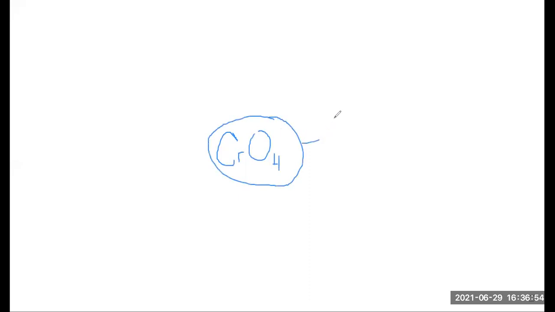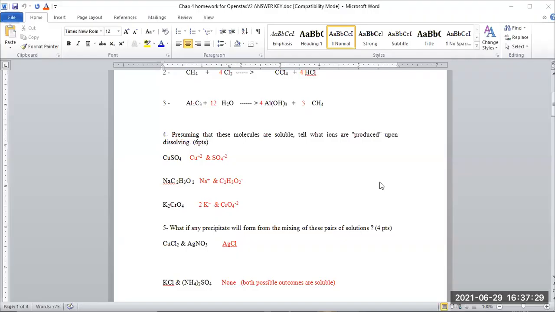Then you've got a potassium on this side and a potassium on this side. Yes, there are 2 Ks, they're just not stuck to each other. So here is where one of the breaks occurs, and the other one is on the other side. This is one of the reasons why you get 2 out in front of the K pluses. So 2 potassiums and 1 chromate that is a -2.